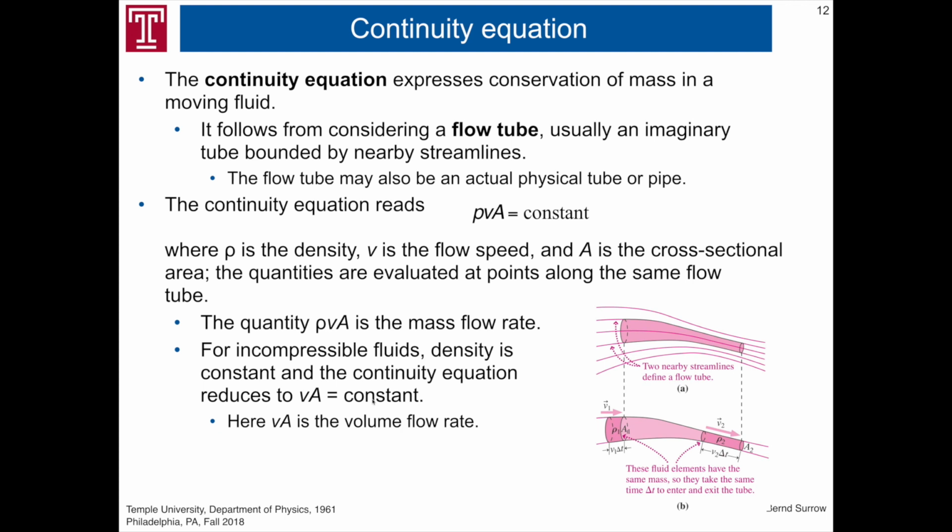Now the shape of that river all of a sudden changes after a few kilometers. It would be much, much narrower. So A would be much smaller. But still, you have to transport the same amount of mass, conservation of mass. So therefore the product V times A has to be the same.